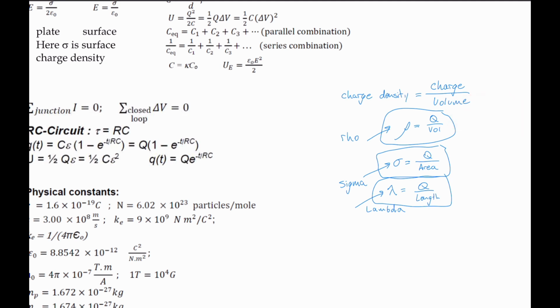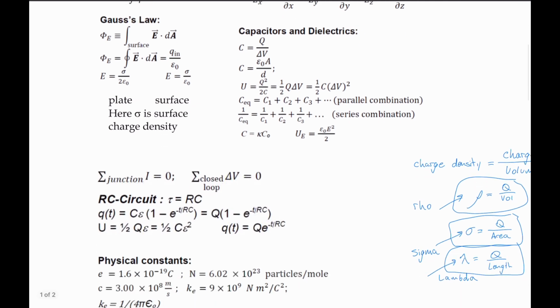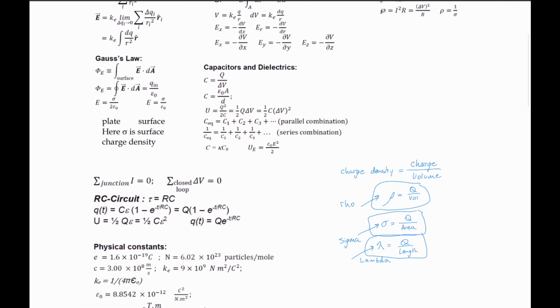That equation will be very important to use in problems where you solve for this thing. But I would say take a look at my videos for charge distributions like the rod and see where that is used. In that problem, I use dq is equal to lambda dl for the rod.